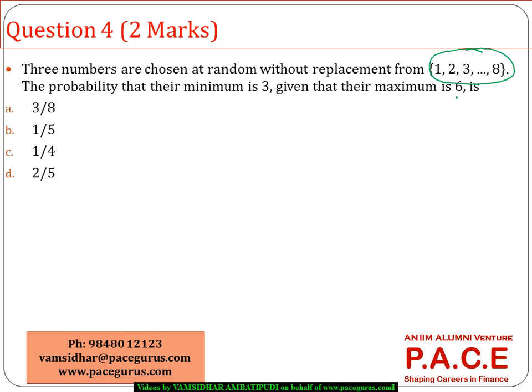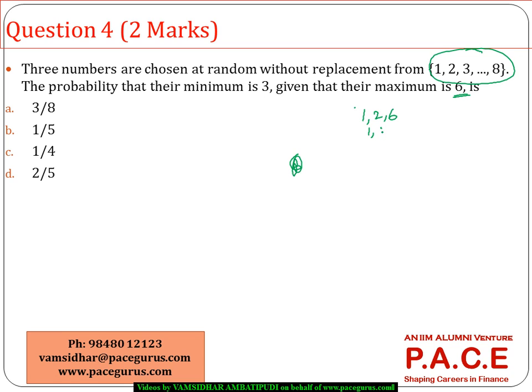Given that their maximum is 6, it's given that the maximum is 6. So out of this, it could be the maximum is 6, could very well be the case that 1, 2, 6, right?